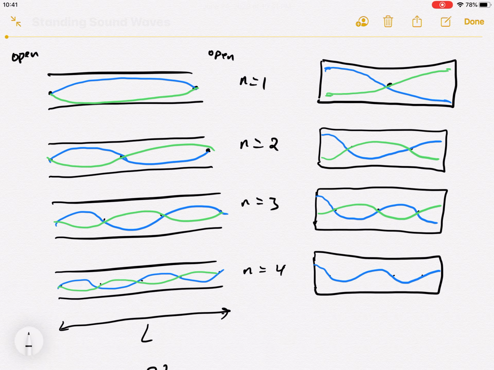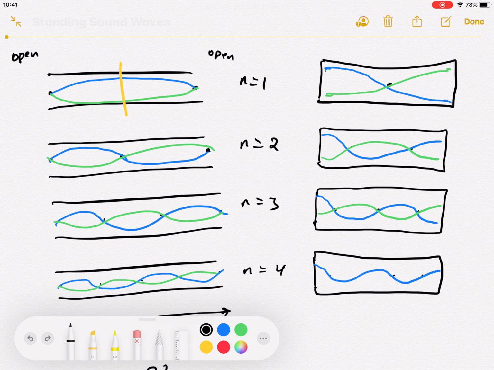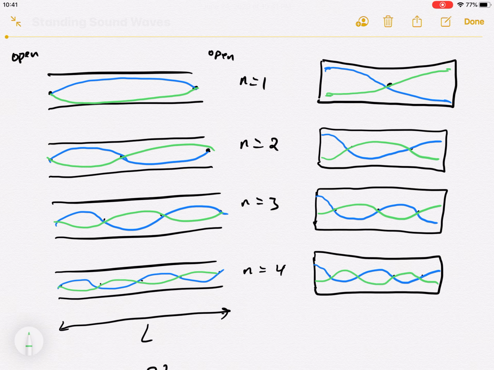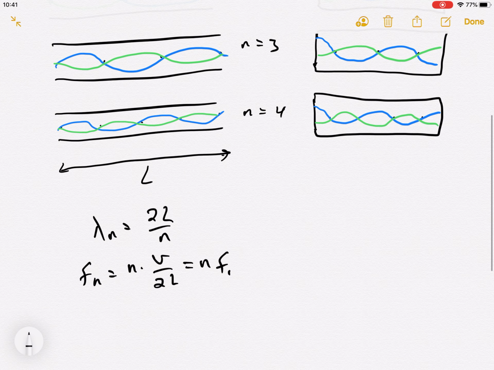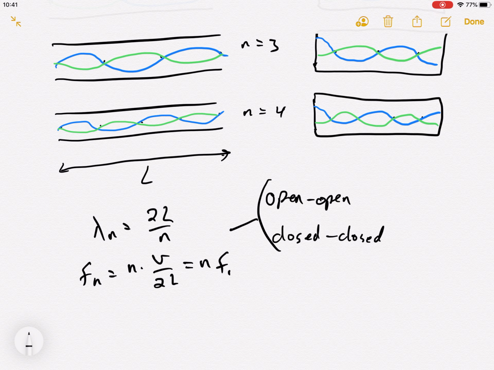All right. Oops, I went a little too far. Why did my green one go away? There. Fine. So the math for open, open, and closed, closed systems, both of them follow this math.